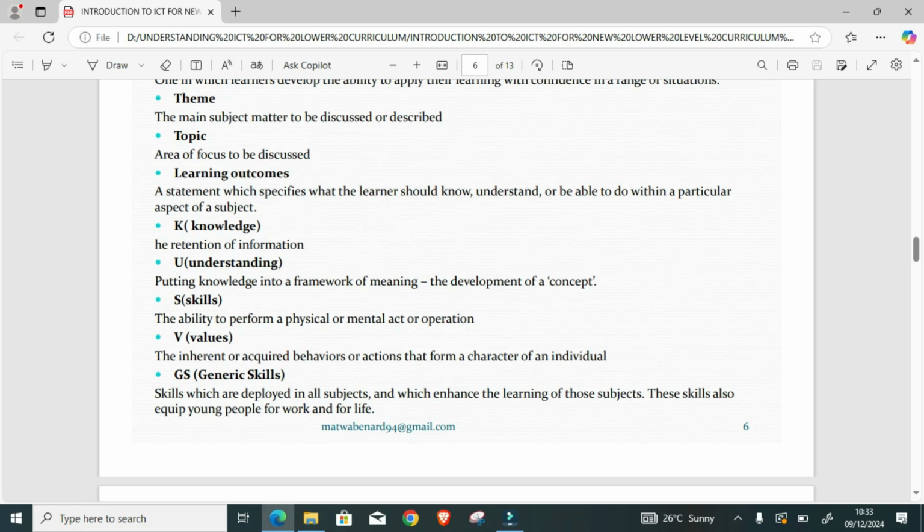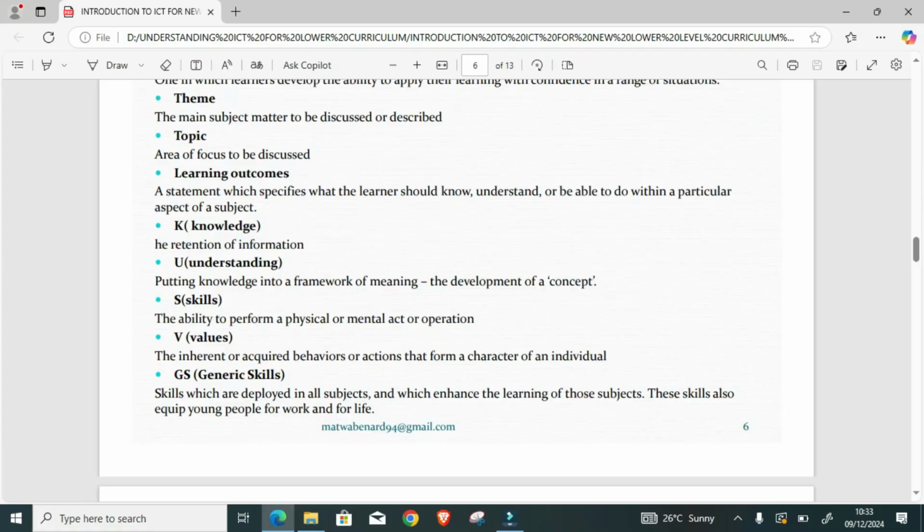Then we have also the learning outcome. The learning outcome deals with the statement which specifies what the learner has understood after learning something, what shows that you really understood that particular content and are able to do something with it in a specific subject.